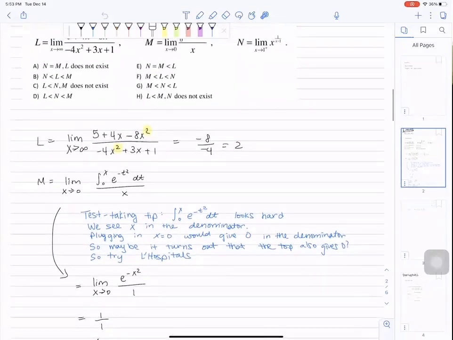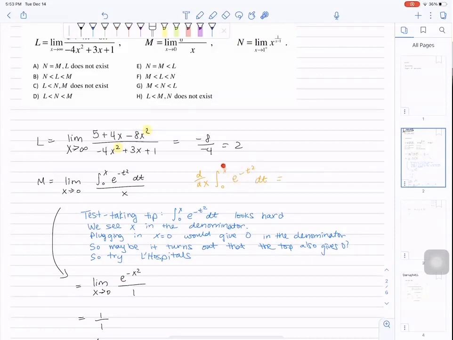L'Hopital's rule says you can take the derivative of the top and the derivative of the bottom. What is the derivative of the numerator, this integral? That's by the fundamental theorem of calculus part 2. The derivative of an integral is exactly the same thing inside here.